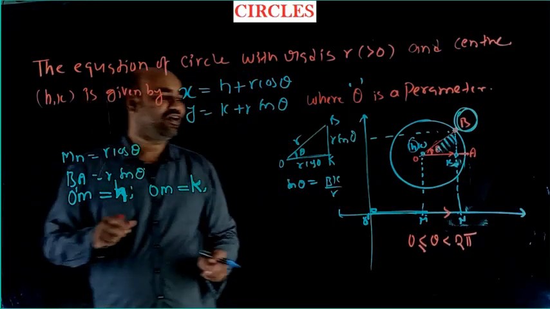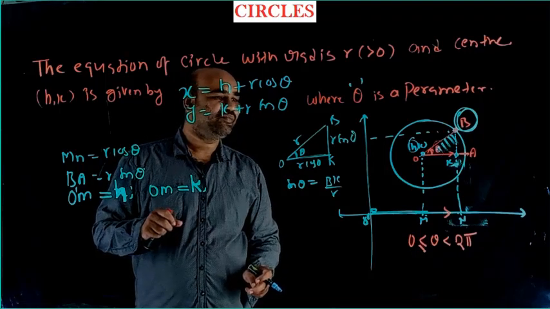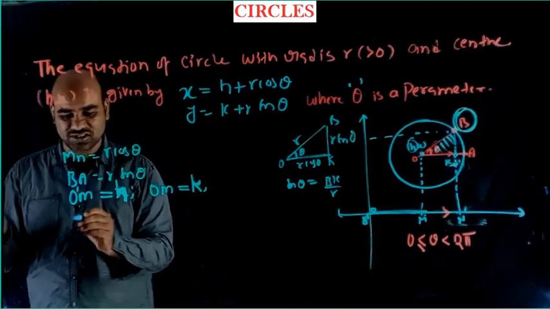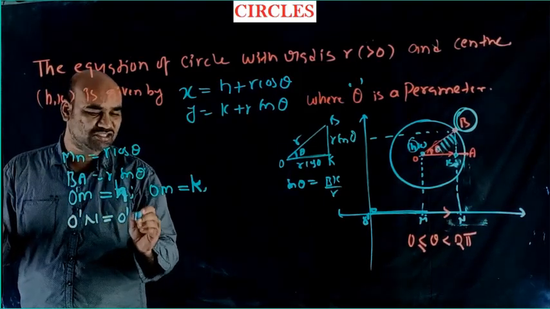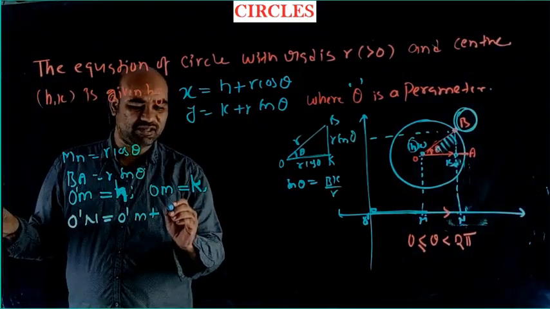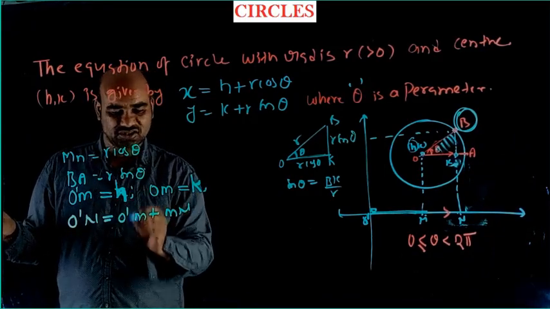That's why I want to find the length of O dash N and BN. First of all, I am finding O dash N. O dash N is equal to O dash M plus MN. So O dash M means here h.